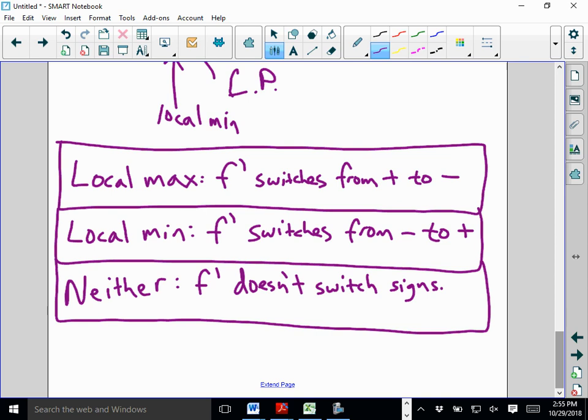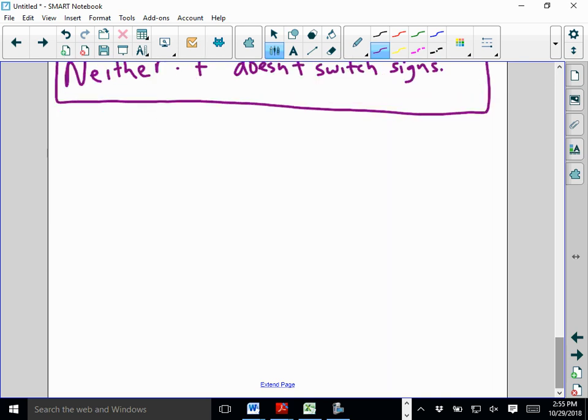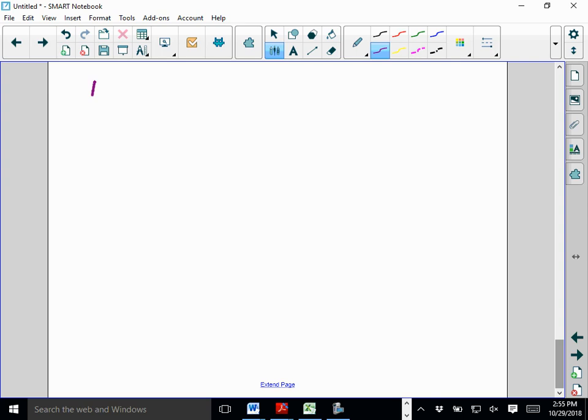So let me show you an example. F prime of x equals x squared minus 3x minus 4.